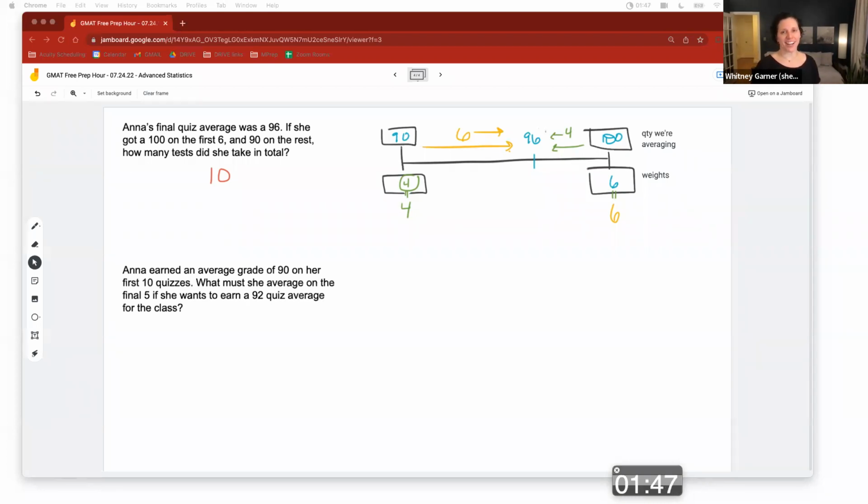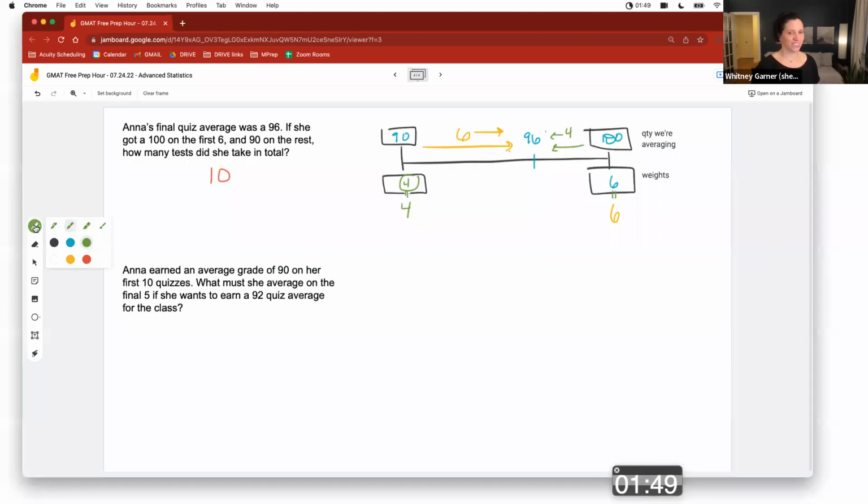A little trickier, huh? Good. So let's try it again. I've got my 2 ends.